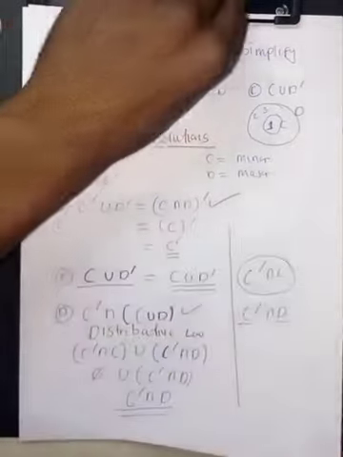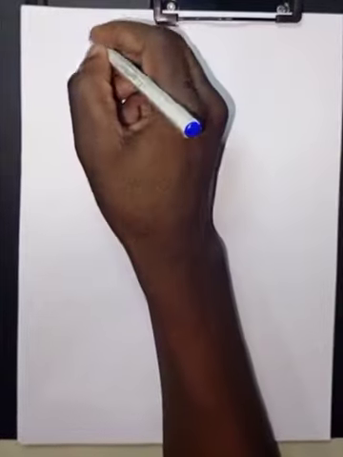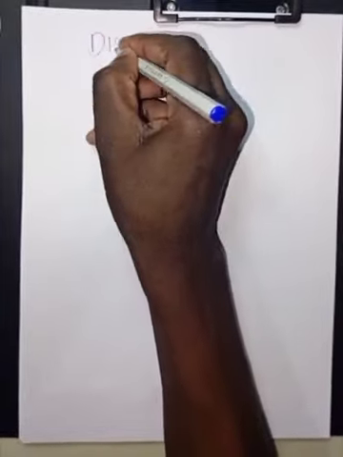Let's do the last part of today's session, which most of you requested, that you need to have a good understanding of disjoint sets. So we can move to disjoint sets.